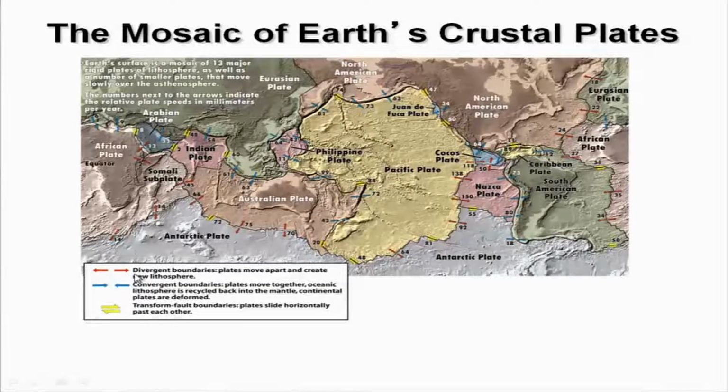And in short, what we learn is that we have three types of plate boundaries: one is the divergent plate boundary, another is the convergent plate boundary, and the third is the transform plate boundary.